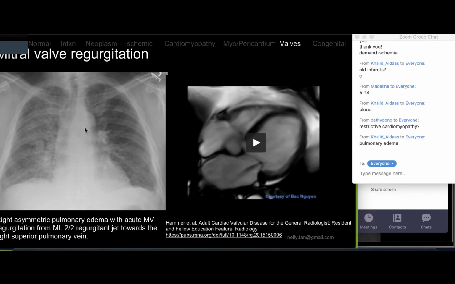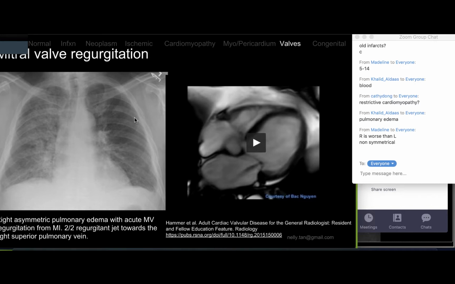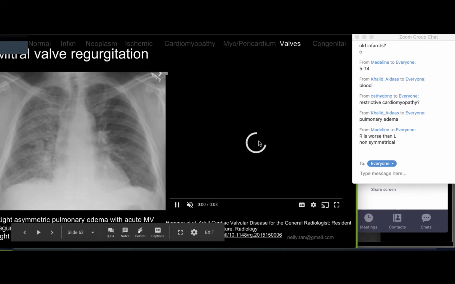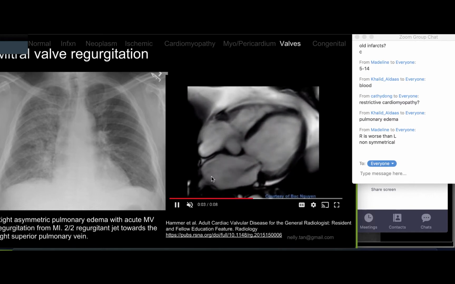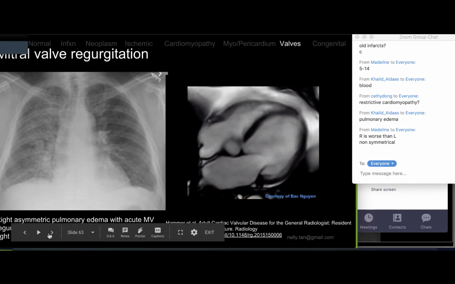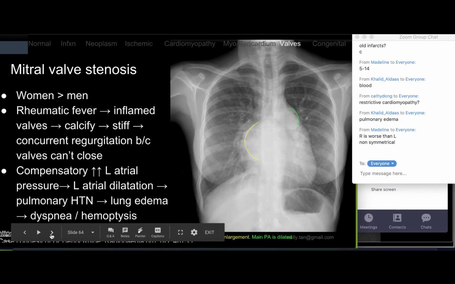Is it pulmonary edema like typical CHF pulmonary edema? Or it's, yeah, the right side is asymmetrically worse. Correct. And that's because the patient had an acute regurgitation from an MI, with that jet going into the right side, leading to the right pulmonary edema.